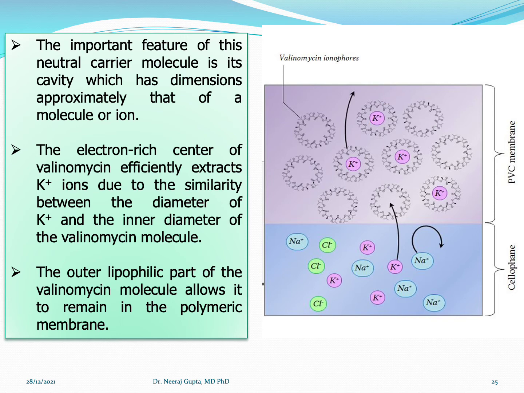The electron-rich center of valinomycin efficiently extracts potassium ion due to the similarity between the diameter of potassium and the inner diameter of the valinomycin molecule. The outer lipophilic part of the valinomycin molecule allows it to remain in the polymeric membrane. So the potassium is selectively extracted by the membrane.